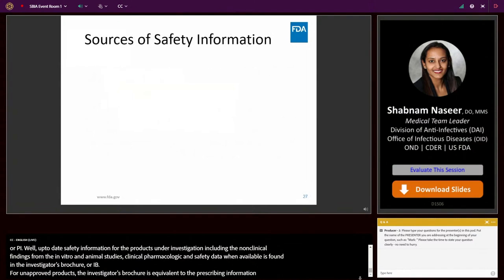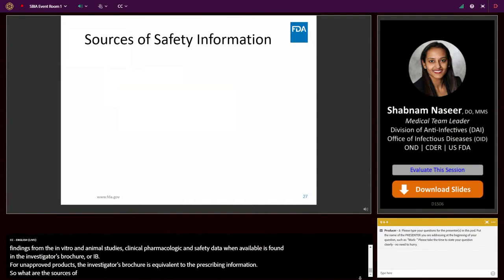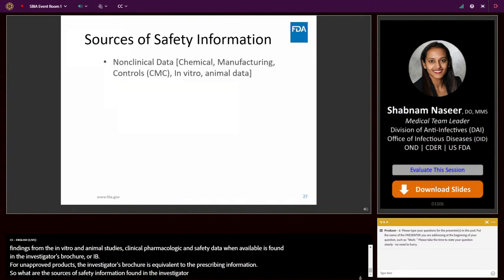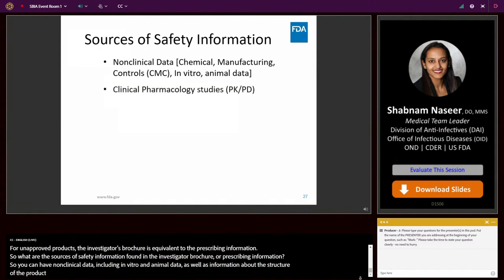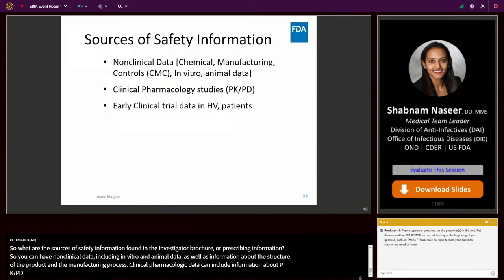So what are the sources of safety information found in the investigator brochure or prescribing information? You can have non-clinical data, including in vitro and animal data, as well as information about the structure of the product and the manufacturing process. Clinical pharmacologic data can include information about PK/PD. Safety information can come from clinical safety data in healthy volunteers and patients, as we just discussed.